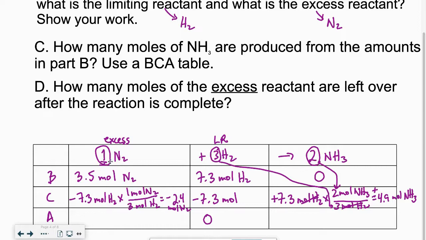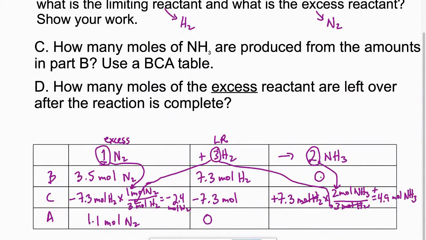But again, these ratios, this ratio, 1 to 3, is coming from the coefficients in the balanced reaction right there. So now finally, once I've figured out my change, I can calculate my after line by taking 3.5 minus 2.4 to get 1.1 moles of N2.